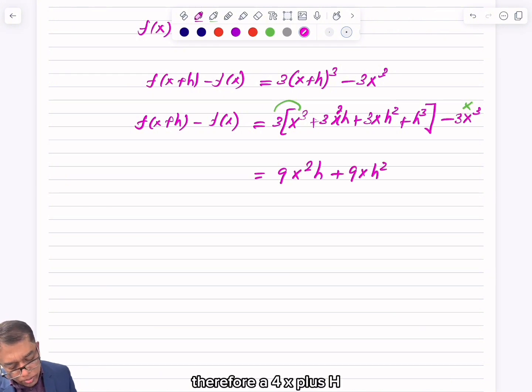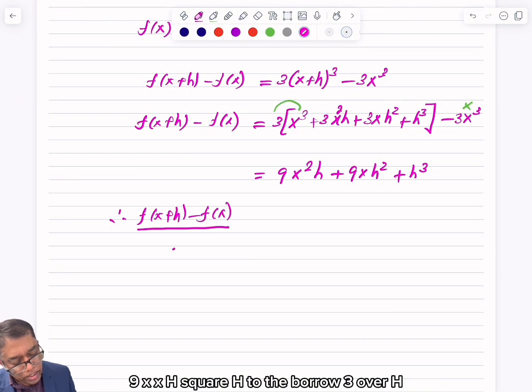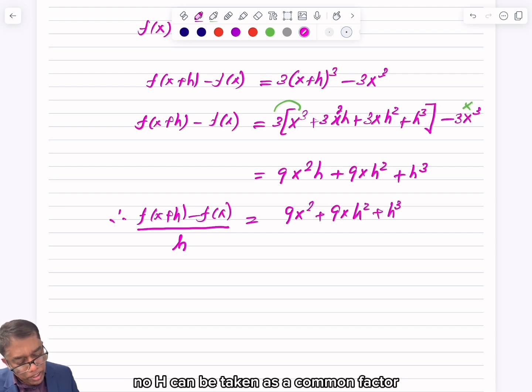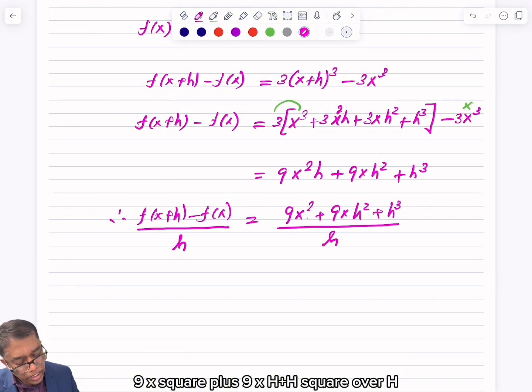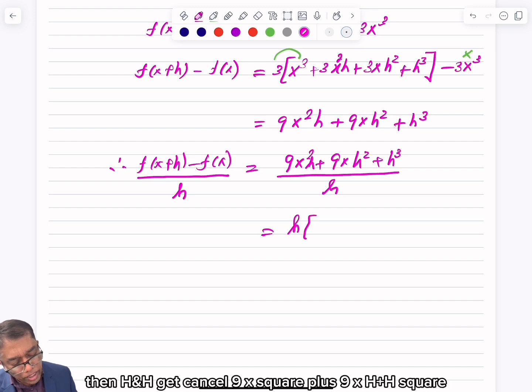Therefore, f(x plus h) minus f(x) over h can be written as 9x squared h plus 9x h squared plus h to the power of 3 over h. Now h can be taken as a common factor: h times (9x squared plus 9x h plus h squared) over h. Then h and h get cancelled, leaving 9x squared plus 9x h plus h squared.